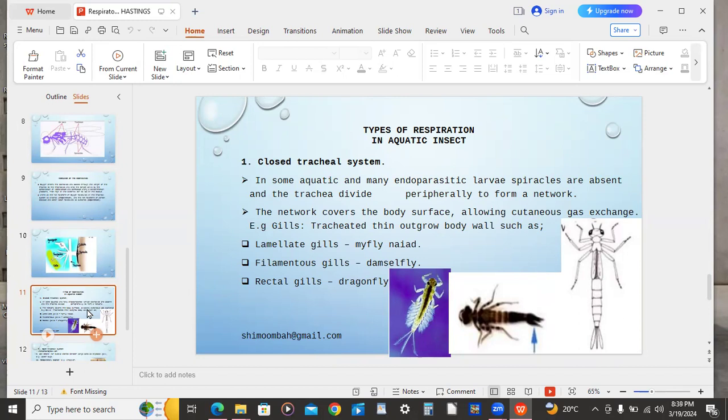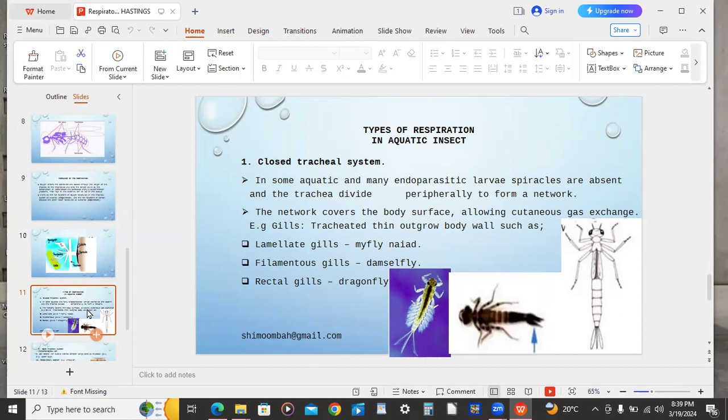In this closed tracheal system, spiracles are not there, because the gaseous exchange occurs where there is thin cuticle, where the skin is thin. The skin of an insect is thin. That's where the gaseous exchange is going to take place.